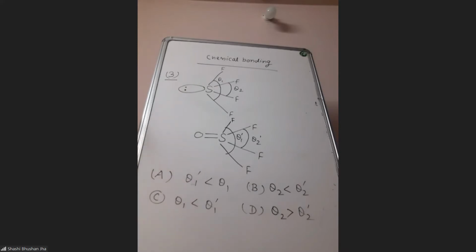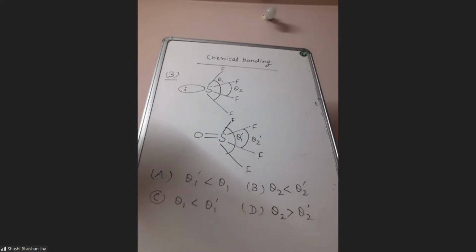Sir, one more way we can express. Because fluorine, the two theta 1 and theta 1 dash are nearer to lone pair or double bond, so they experience more repulsions when compared to the fluorines at approximately 120 degrees. Now double bond repulsions will be considered more than lone pairs.